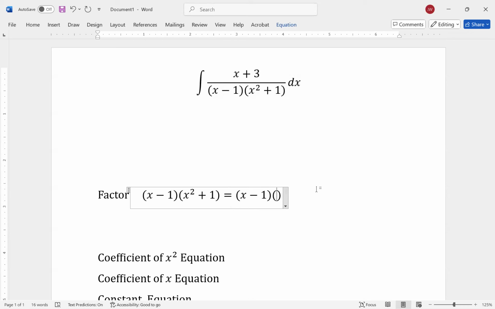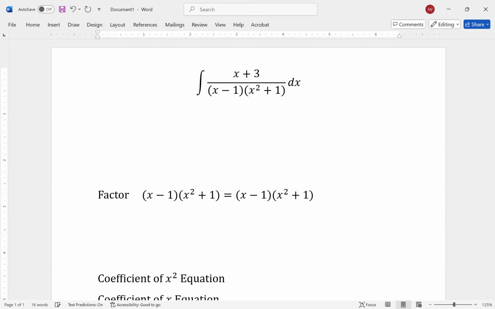If I could factor it over the real numbers, I would, even if it were ugly real numbers. But x squared plus 1 only factors over the complex numbers, and when I want to integrate, it's not very nice to use complex numbers. So I have to leave this as x squared plus 1 because it doesn't factor over the real numbers.